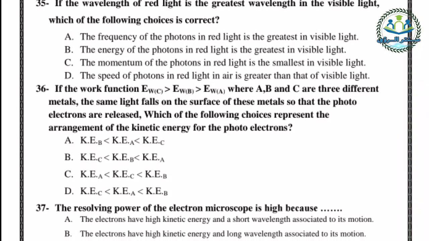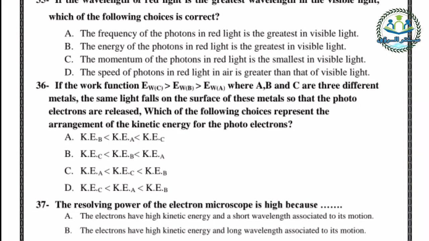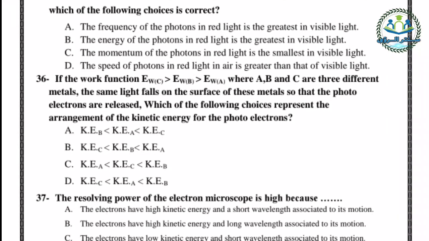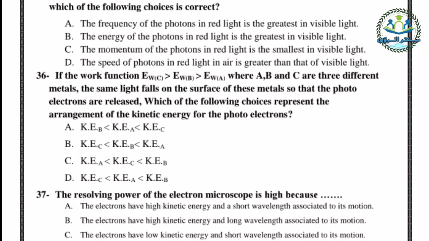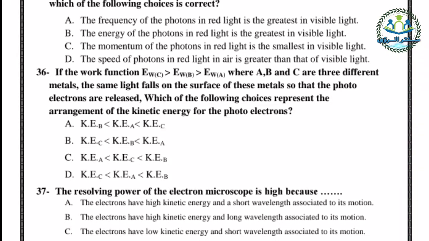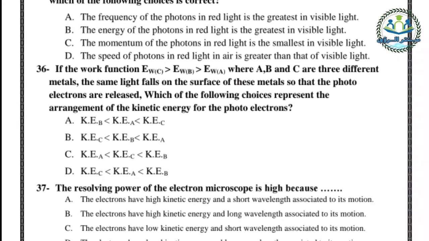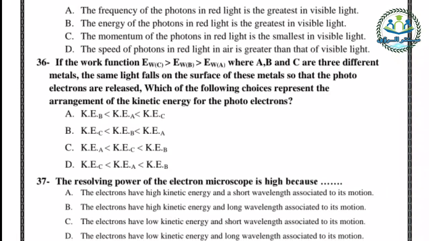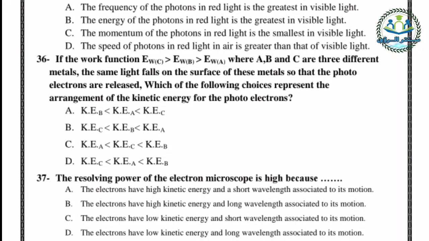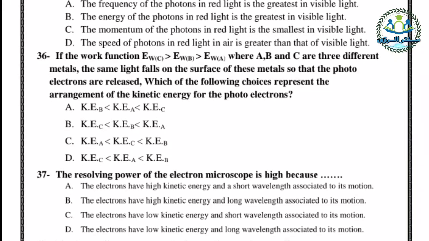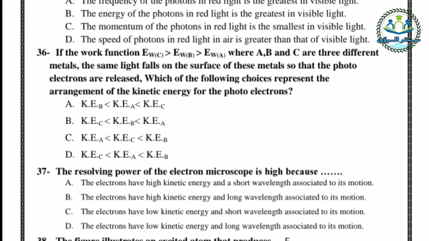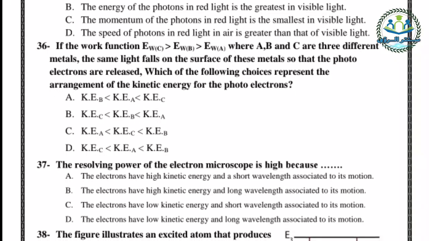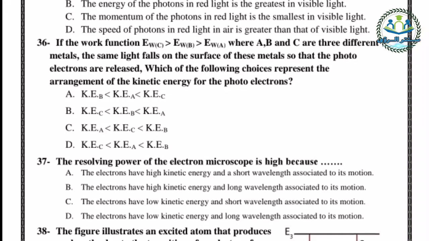36. If the work function U_C is greater than U_B is greater than U_A, where A, B and C are three different metals, and the same light falls on the surface of these metals so that photoelectrons are released, which of the following choices represents the arrangement of the kinetic energy of the photoelectrons?